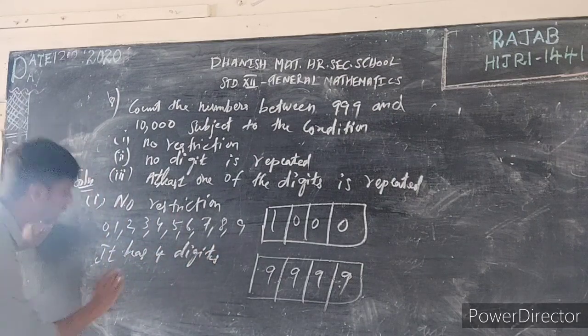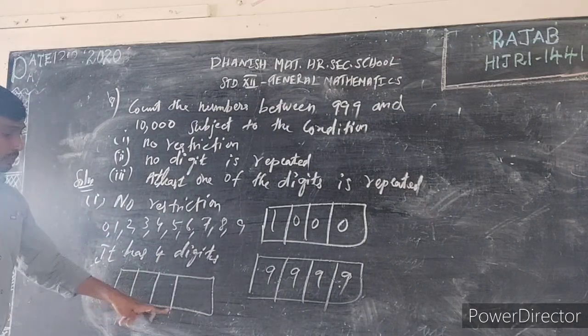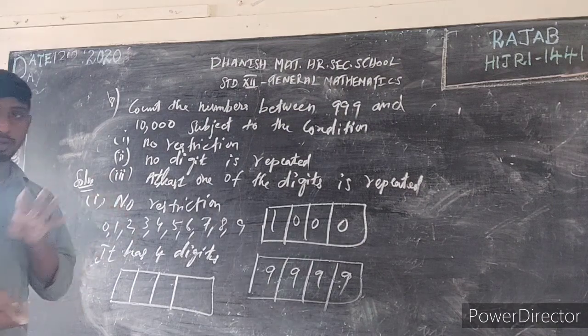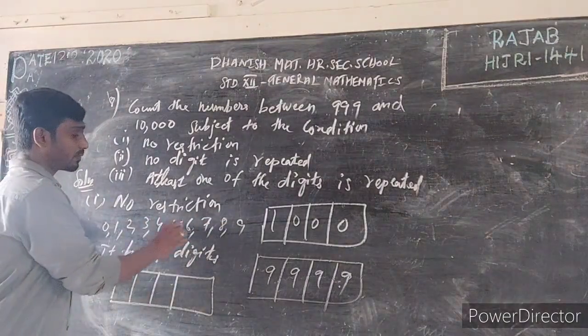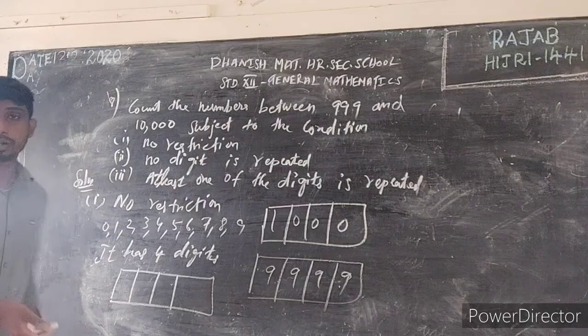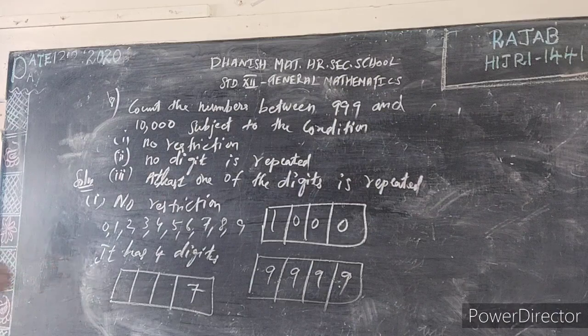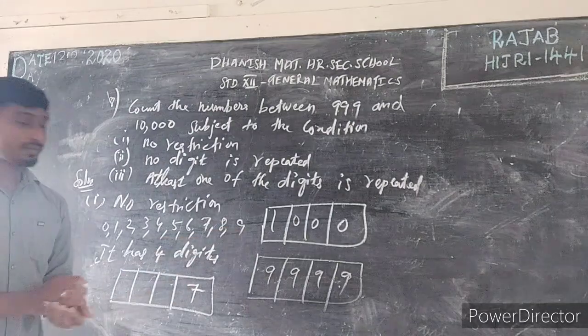Now we are going to solve like this. You draw a 4 digit table here. The fourth place, how many ways can we fill it? Taking the digits 0, 1, 2, 3, 4, 5, 6, 7, 8, 9, how many ways will it have here?